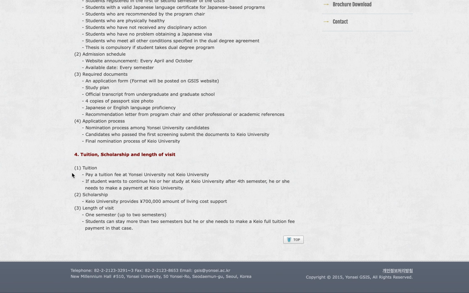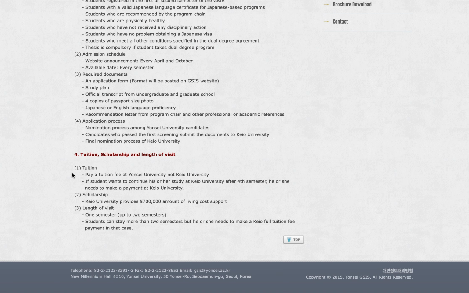You don't need to worry much as long as you have submitted all the necessary documents. And the third process is the final nomination process of Keio University. You don't need to worry too much.